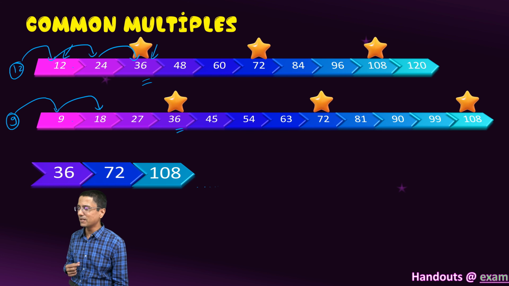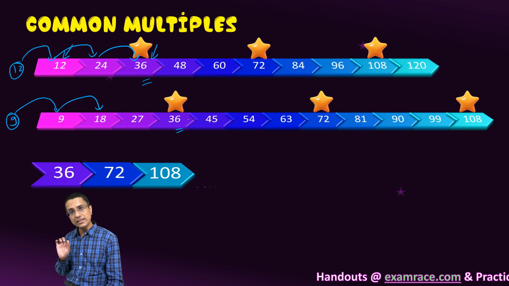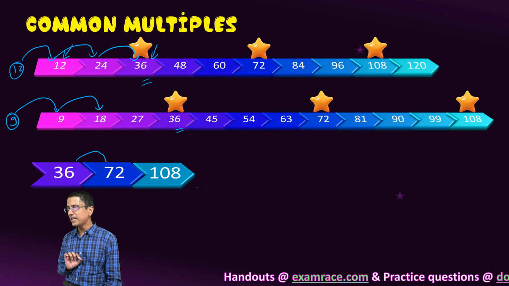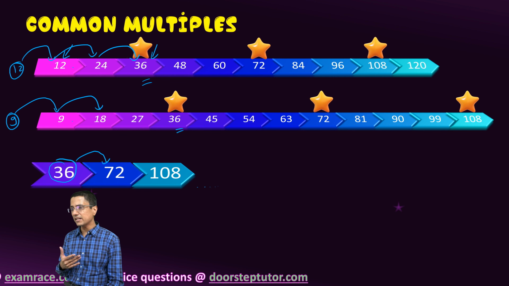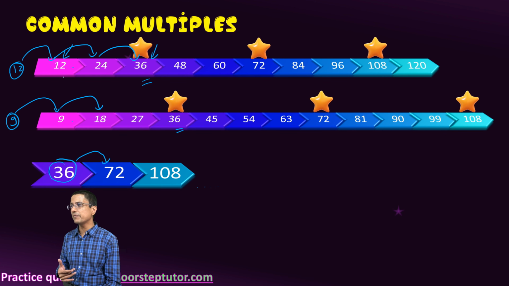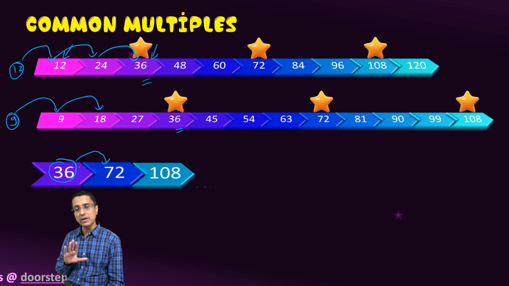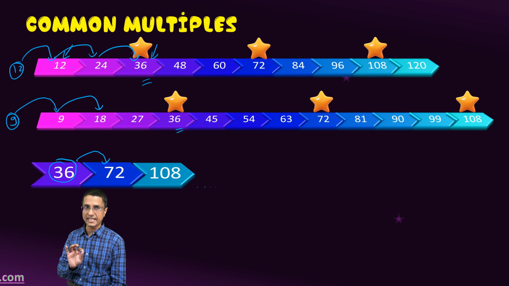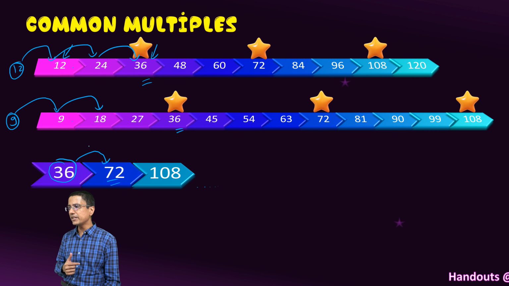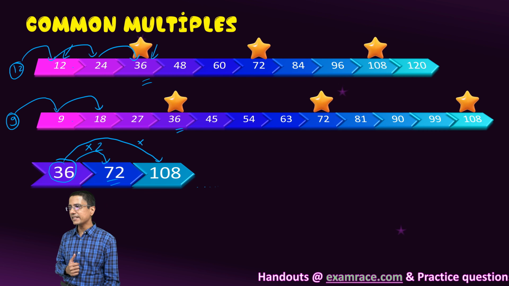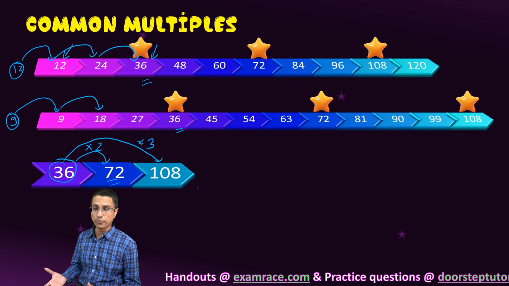Other common multiples are simply the tables of this least common multiple, which means that other common multiples between 12 and 9 are just multiples of 36. For example, 72 is 36 into 2, 108 is 36 into 3, and so on.